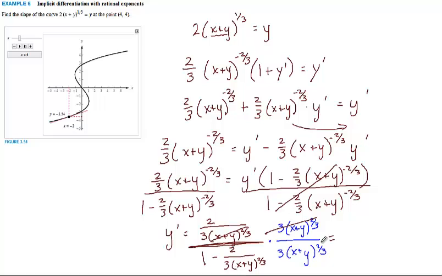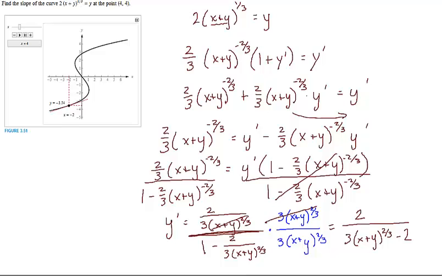If I do that, it'll cancel here, and then I'll have to distribute, so it'll multiply on this one and cancel on this one. So what I'll have is 2 over 3 times x plus y to the 2/3 minus 2. And that looks so much better. Not that I really had to do any of that, because what I really want is the slope.